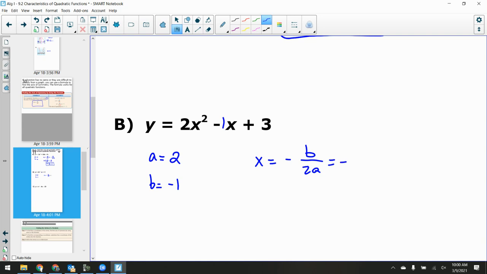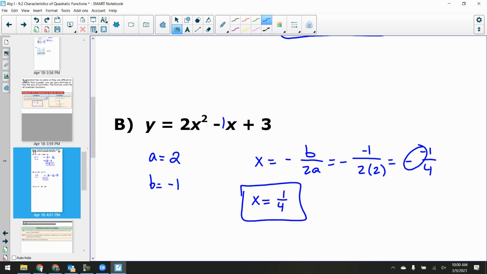We got negative b over 2 times 2. Negative 1 over 4. My 2 negatives will cancel, leaving me with a positive 1/4. Remember whenever I ask for an axis of symmetry, you've got to write it as x equals. You could give me 0.25, that's fine too. X equals. So if I go to the right a quarter and make a dotted line, that's the center line of this graph.